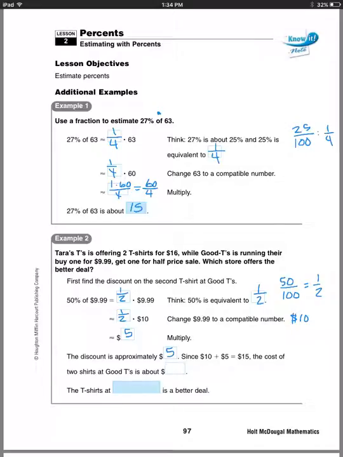So if you're going to buy from Good Tees, you're going to spend $10 plus $5 and get 15. So the cost of 2 t-shirts at Good Tees is about $15. So the t-shirts at Good Tees are a better deal because it was $16 at Tara's Tees.